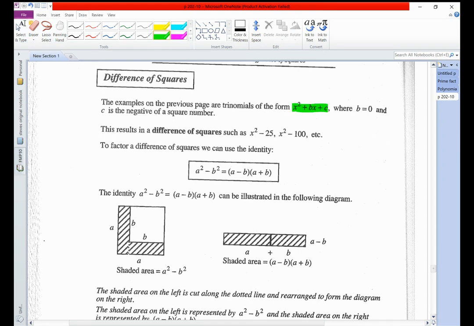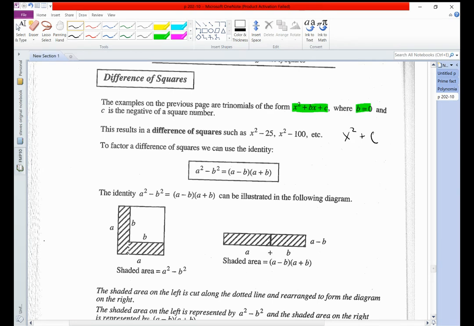But in these special cases, these differences of squares, the b value is 0, so we don't end up getting a middle term. We get x squared plus c, which is okay. We can still factor that because we can learn this difference of squares here.